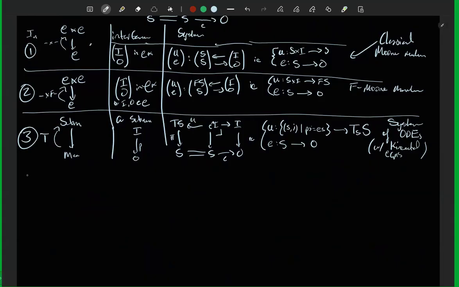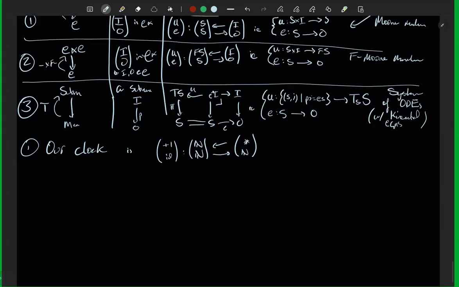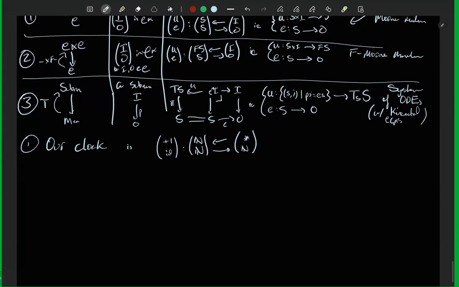So in one, our clock for these discrete time, discrete space dynamical systems or Moore machines is going to be +1 id, which goes from N to N star. In other words, this is a system that takes no input and simply updates the state by 1, right?